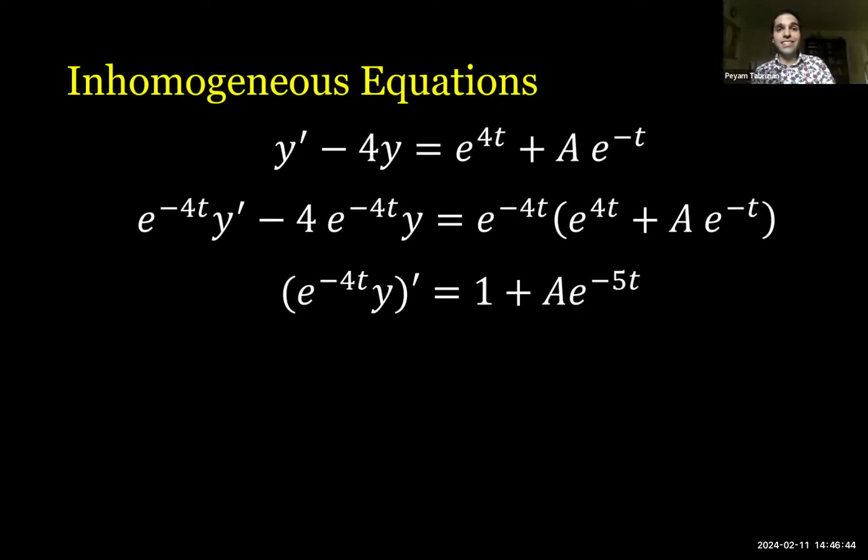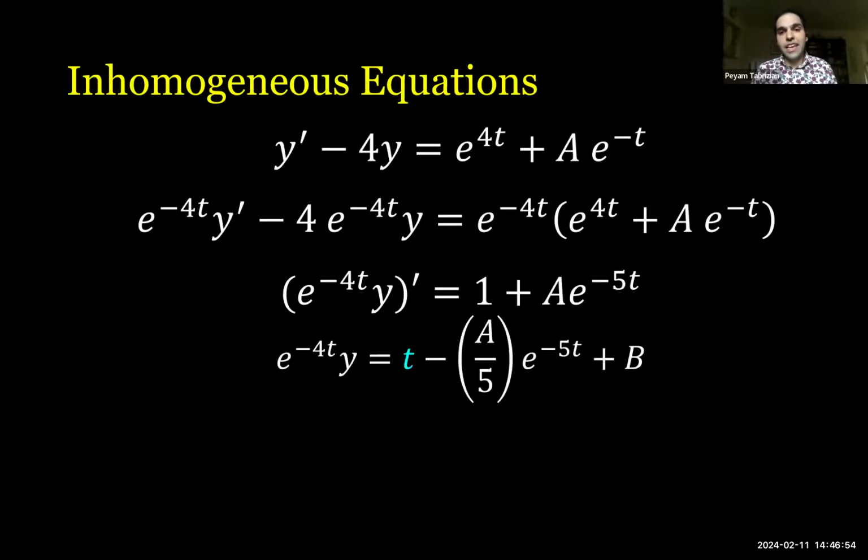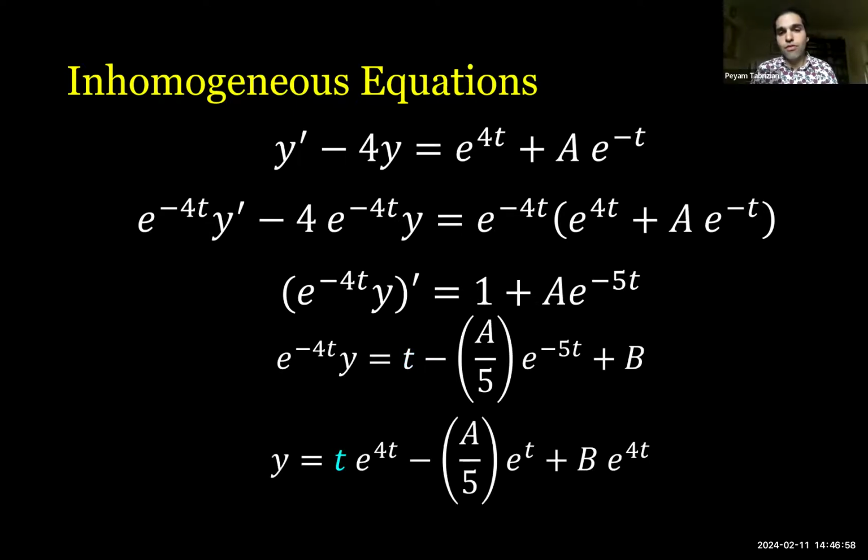But the nice thing is this method takes care of resonance without even thinking, because the resonance part comes in this term with 1, which when you integrate, then you directly get the extra t.